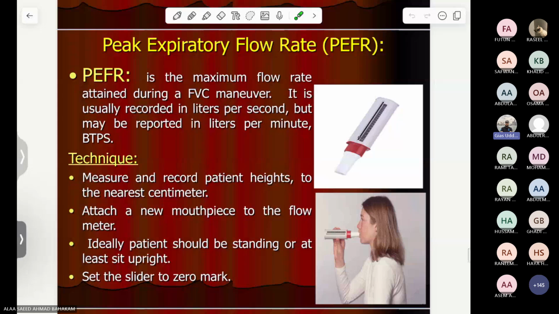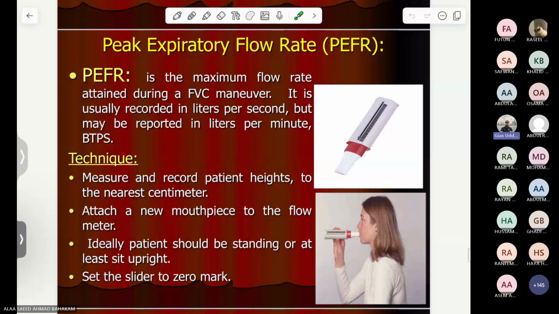So in this device, how do we do it? We can attain the maximum flow rate during forced vital capacity maneuver. It is usually recorded in liters per second. Okay, but you can also convert into liters per minute.